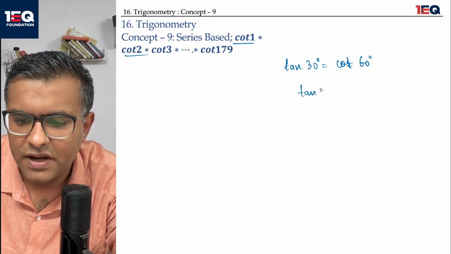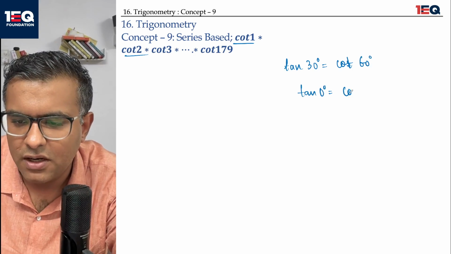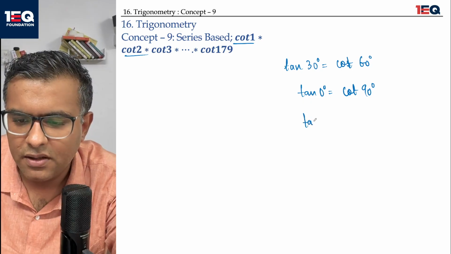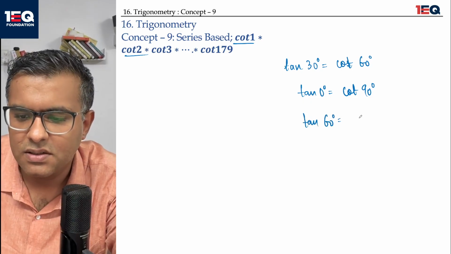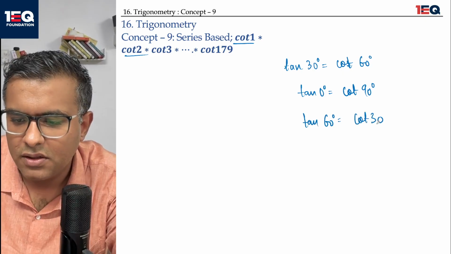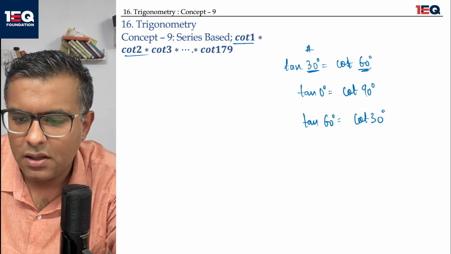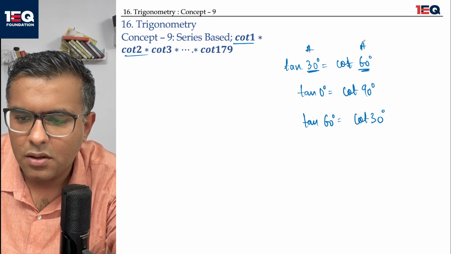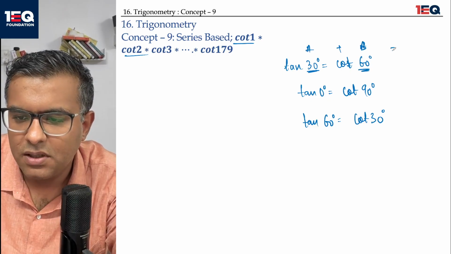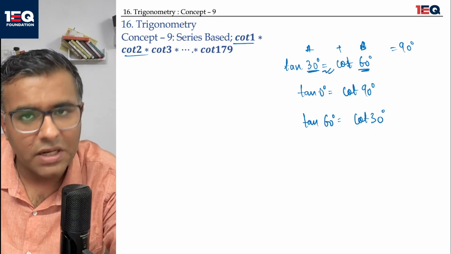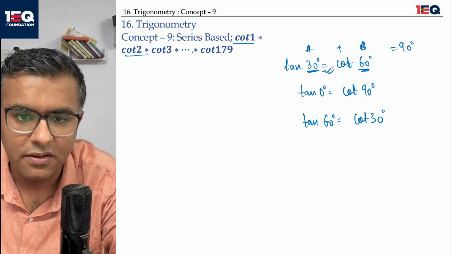The value of tan 0 degrees is the value of cot 90 degrees. Similarly, the value of tan 60 degrees is that of cot 30 degrees. So you can see that when A plus B is equal to 90 degrees, you would find an equal to sign in the middle.